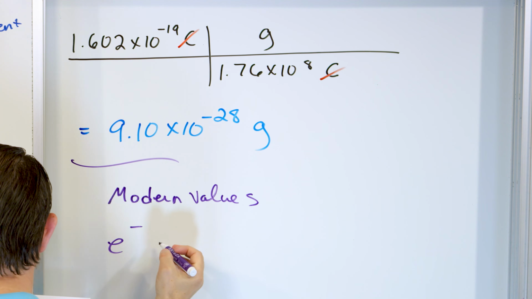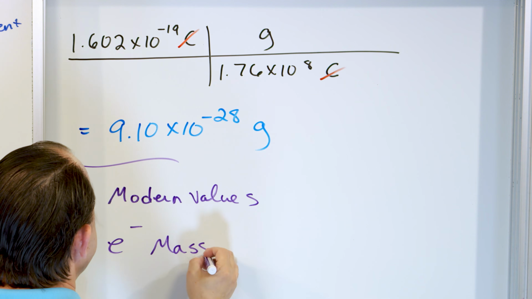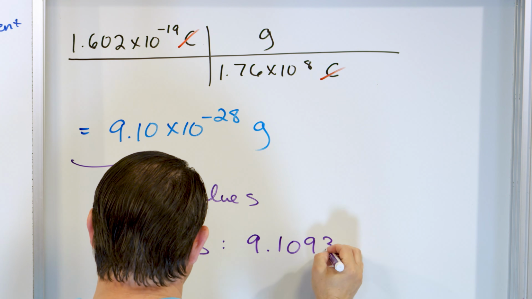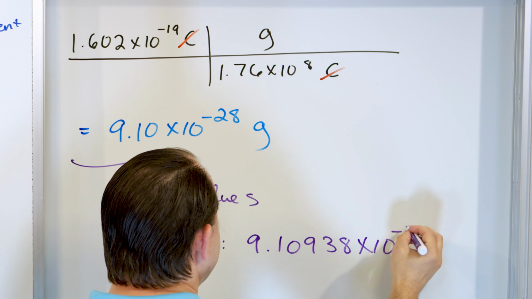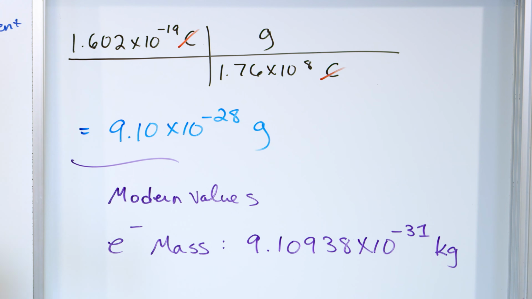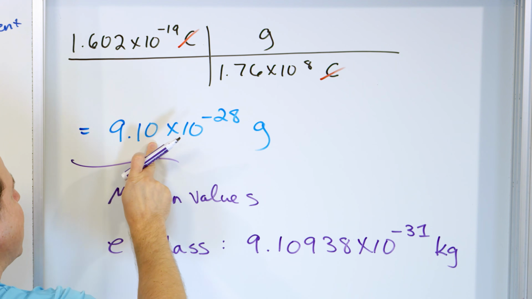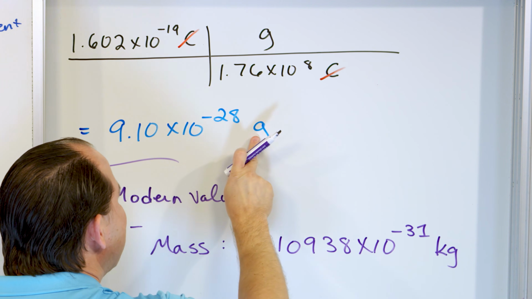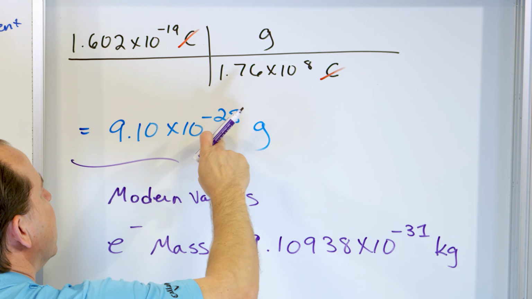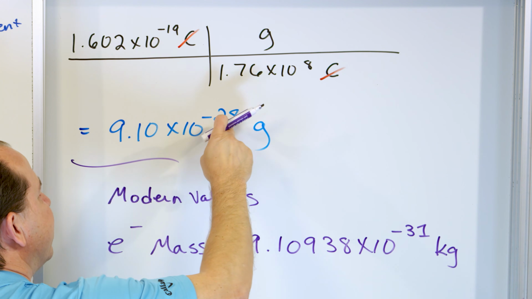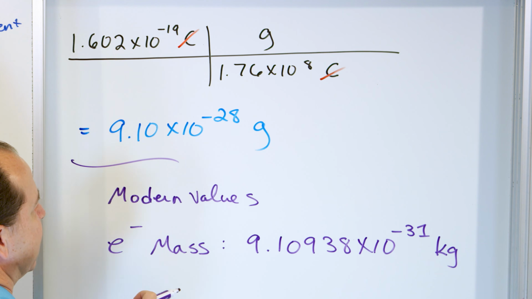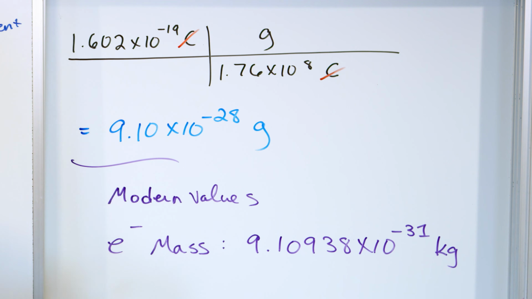The modern accepted value for the electron mass is 9.10938 times 10 to the negative 31, but the unit we typically use in calculations is kilograms. Notice what he calculated was 9.1 times 10 to the minus 28 grams, but if you want to take grams to kilograms, you need to divide by 1,000. That's going to subtract 3 from the exponent, because you're going to move the decimal 3 spots to the left. That's why it's negative 31 kilograms.